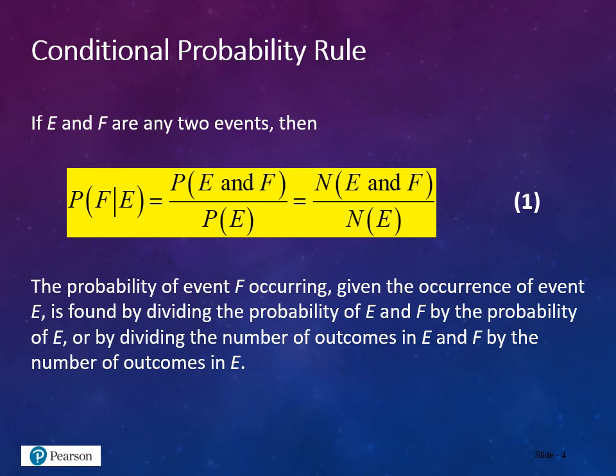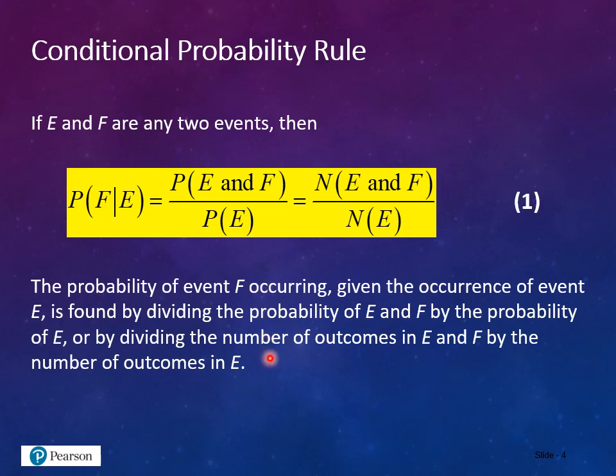So the conditional probability rule states that if E and F are any two events, then the probability of F given E is the probability of E and F divided by the probability of E. Let me read this again.